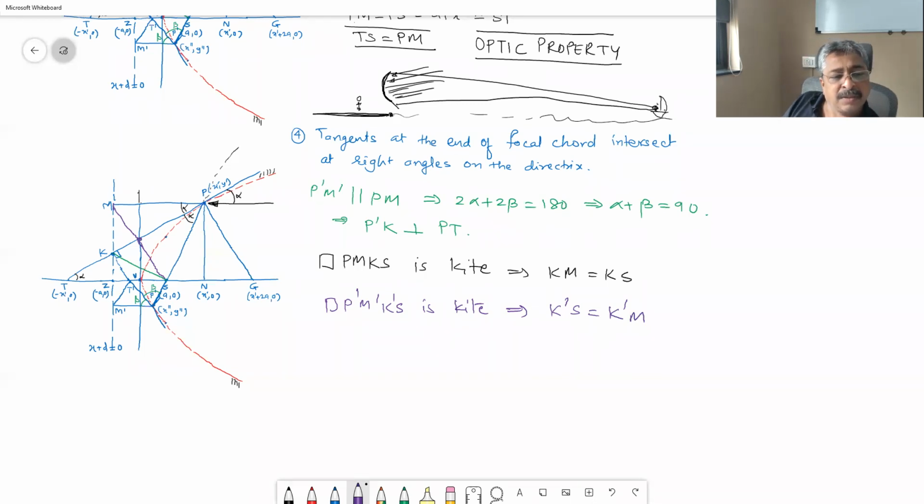And then what do we do? I think we will use these two things that we have, and somehow we have to show K is equal to K'.